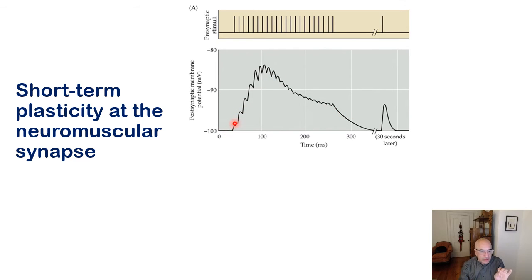So the initial response is this one, that's the initial amplitude of the response. And then the next one is larger, showing facilitation, next one bigger, bigger, bigger. And then you see the next ones are kind of smaller in amplitude. Again, we're measuring from the baseline here. These are becoming smaller and smaller and smaller, but we also have summation, which you learned about in the previous lecture.